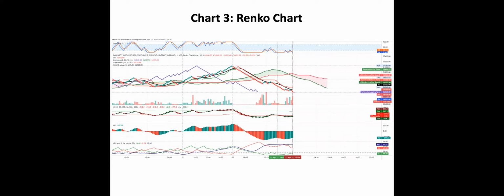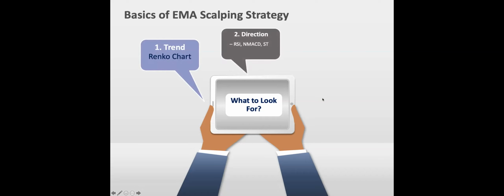Now, how do you take the trade? That's the important part, right? What are the basics of the scalping strategy? What is it that you need to look for? Before using the strategy and taking a decision whether to enter, exit, or follow the trend, the very first thing is the trend. So using the Renko chart, check the trend. Second, find the direction using RSI, MACD, and Supertrend.